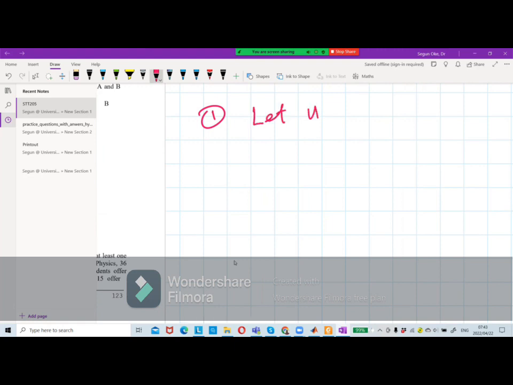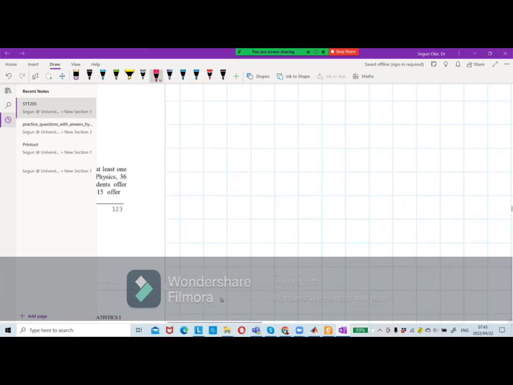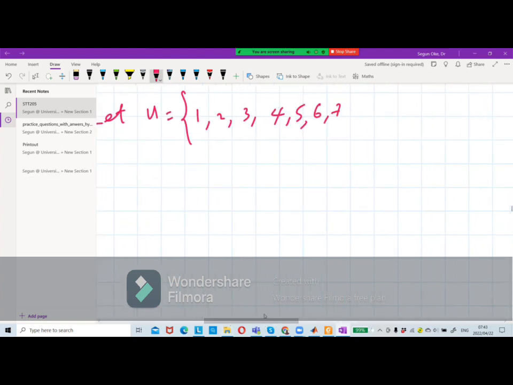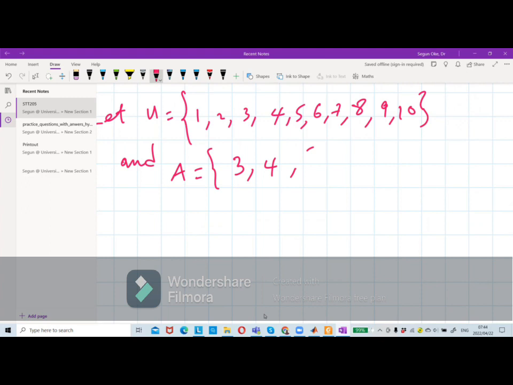let the universal set U be 1, 2, 3, 4, 5, 6, 7, 8, 9, 10. Define A to be 3, 4, 5, 6, 7.